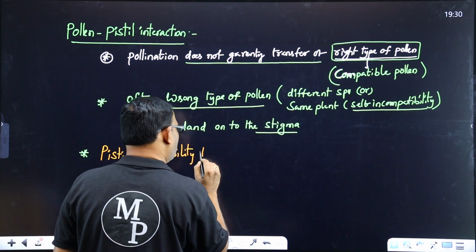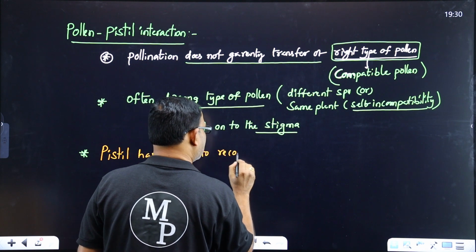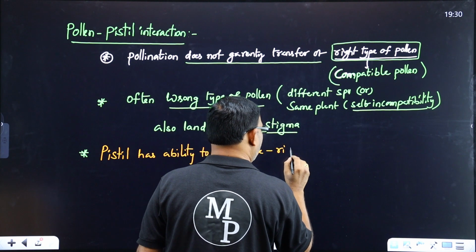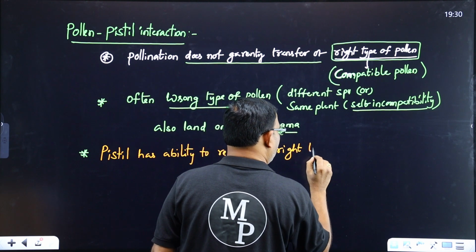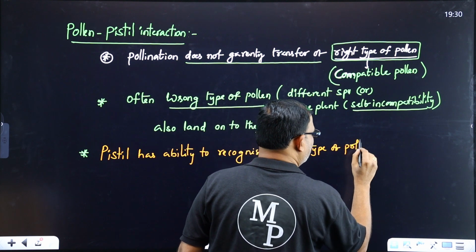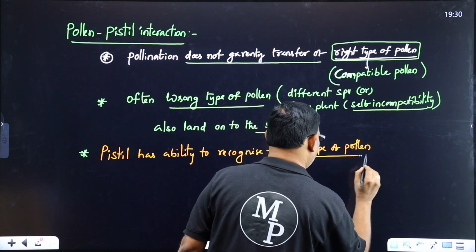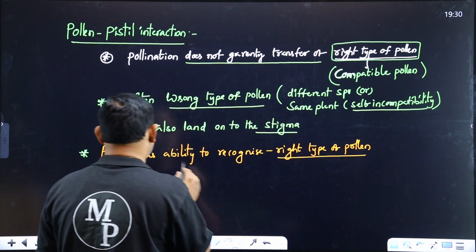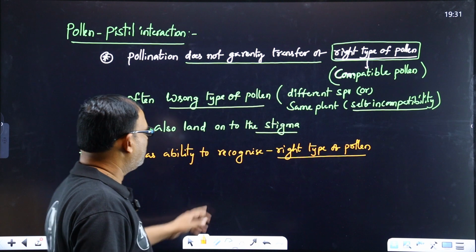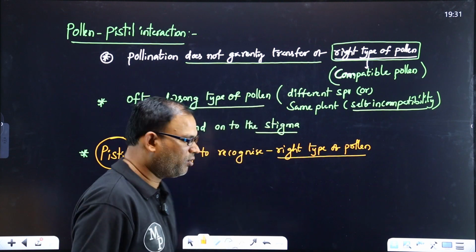The pistil has the ability to recognize the right type of pollen.